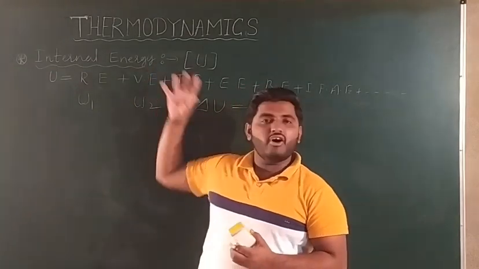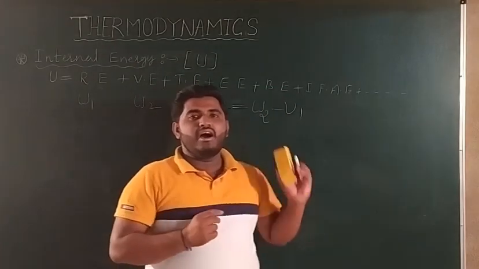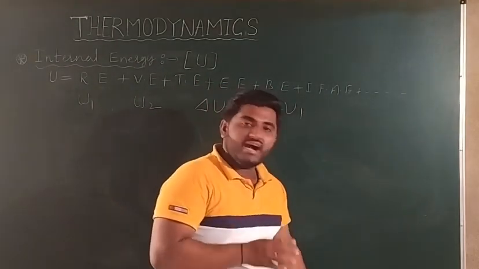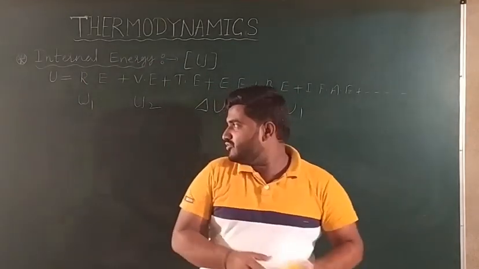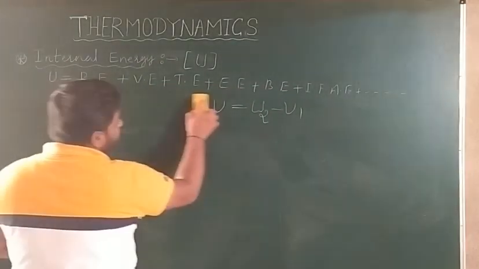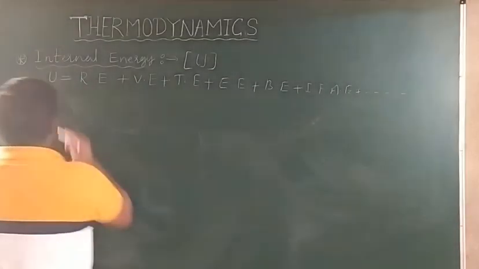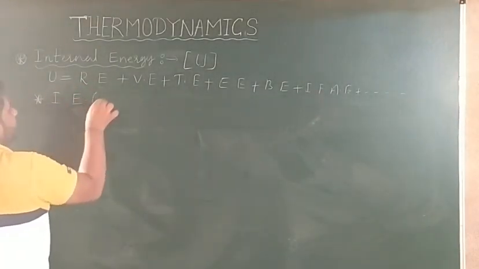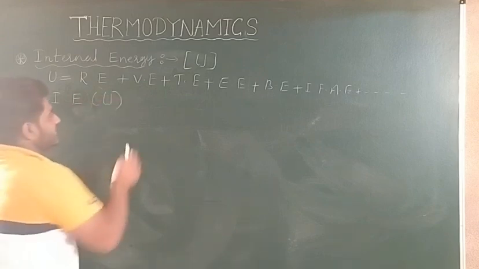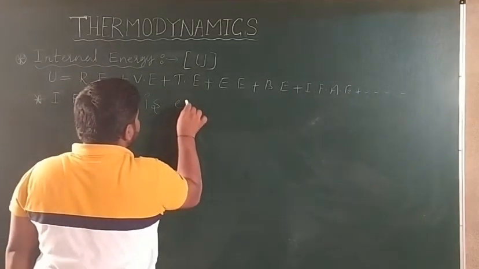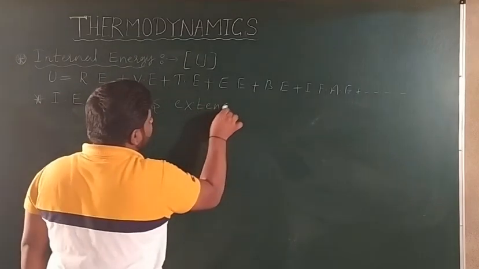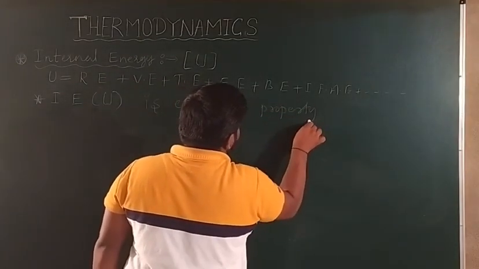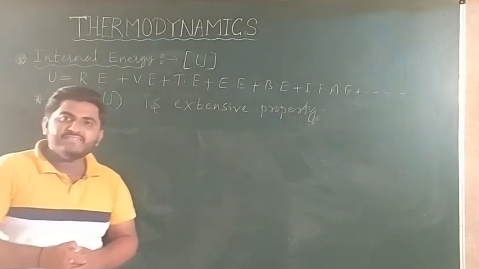Okay, by looking at all these observations, what can we conclude regarding internal energy? We can conclude 5 or 6 points for internal energy. First one: internal energy, that is called U, is an extensive property. What is extensive property, guys?